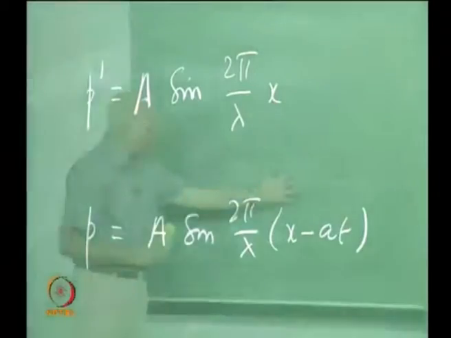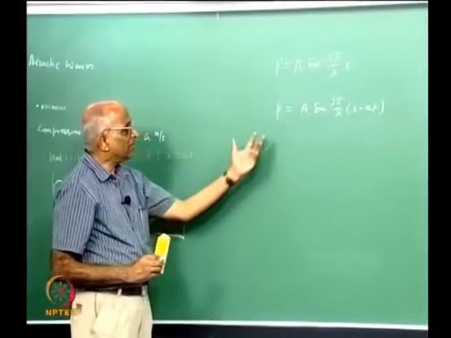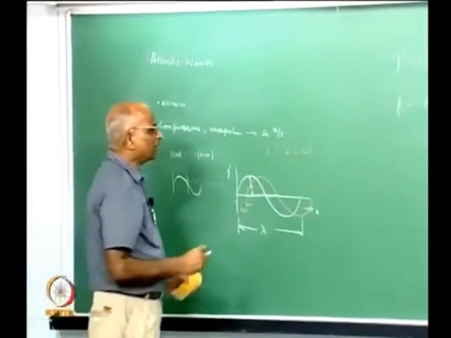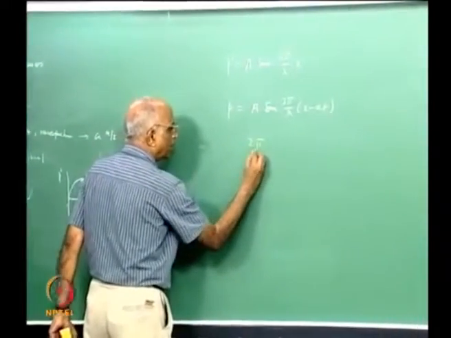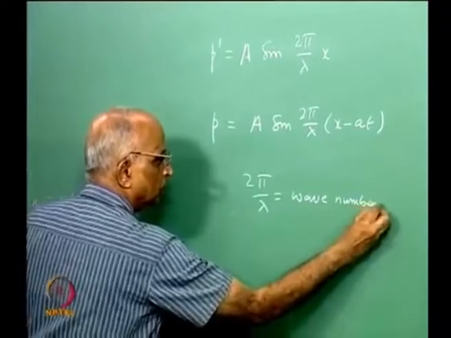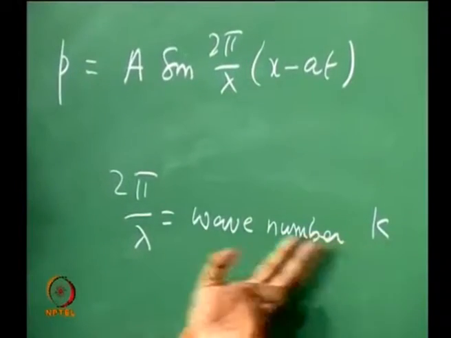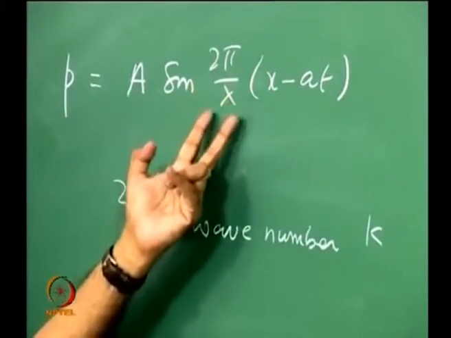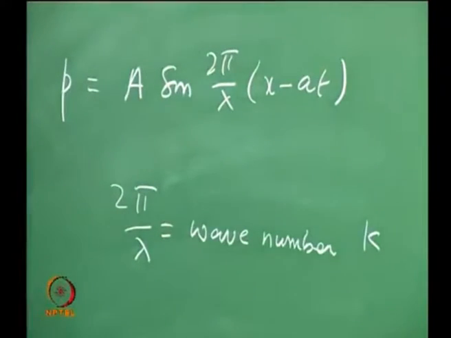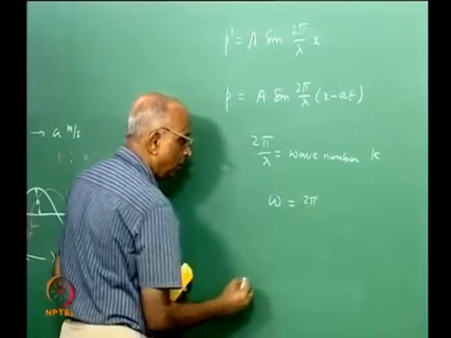Now, we want to simplify the whole thing again and put this equation in a slightly simpler form, such that it is more amenable to some analysis, and therefore, I can always say 2 pi by lambda is what we call the wave number, and this I call as capital K. Capital K tells the wave number, and that wave number is defined as 2 pi by lambda. And we also, just some time back, said that the frequency of oscillations is written as 2 pi into a by lambda.